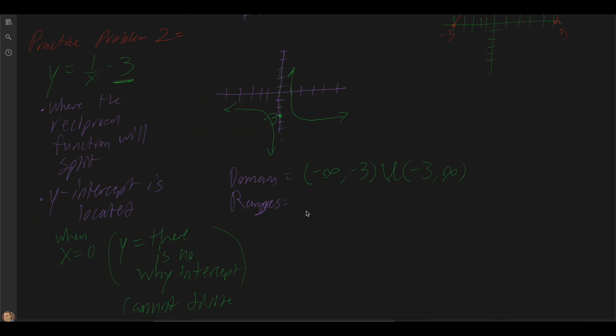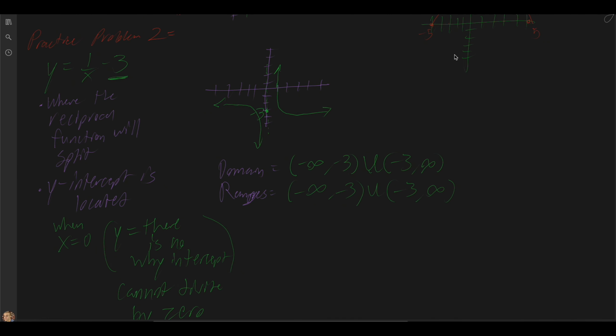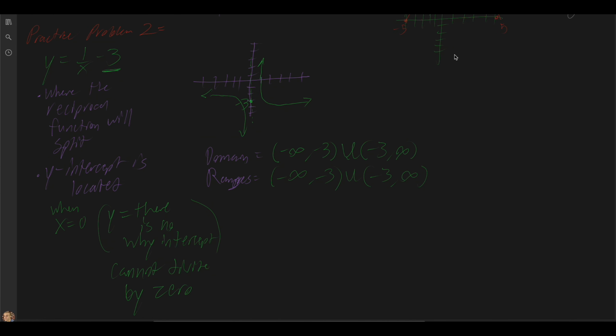And the range is the same case, -infinity to -3 in union with -3 to +infinity. All right, and so let's move over to our next. Let's focus on our next function, square root functions.